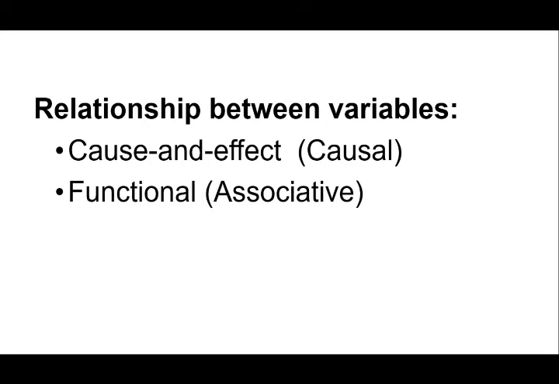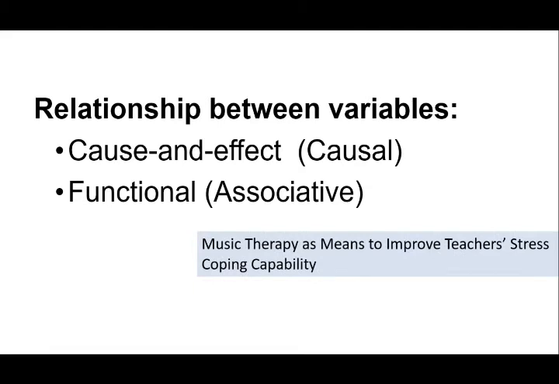Now, the relationship between variables is either cause and effect, which is causal. So, an example is this one: music therapy as a means to improve teachers' stress coping capability. As you can see, the independent and the dependent variables are associated with a cause and effect relationship.